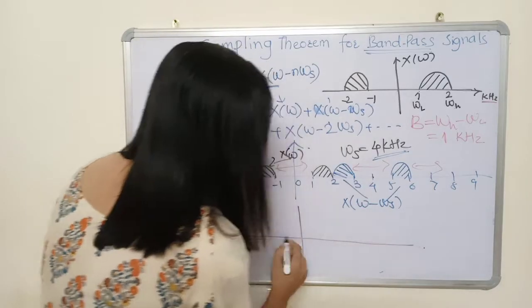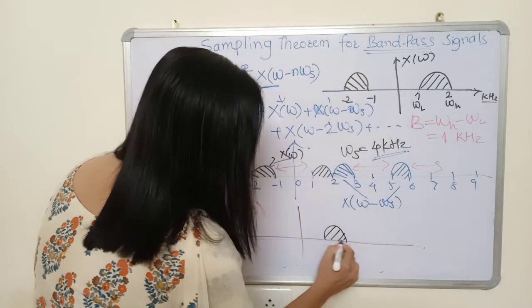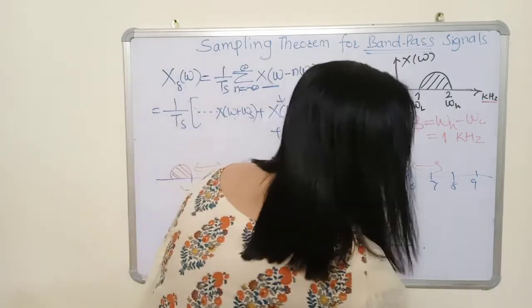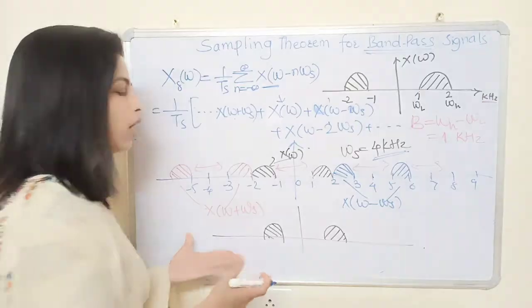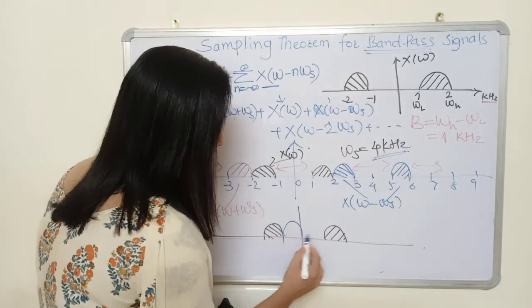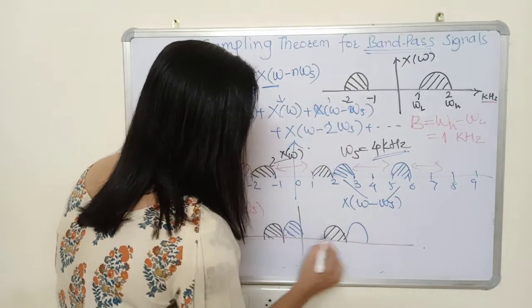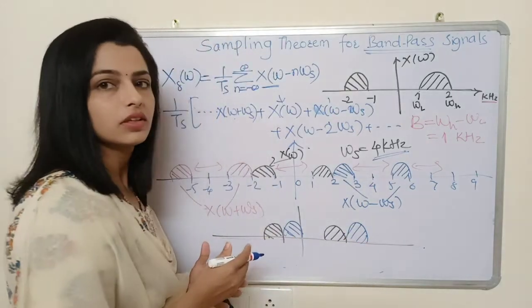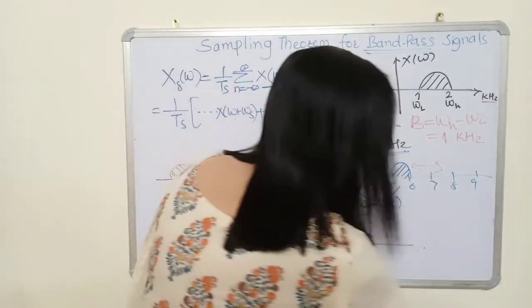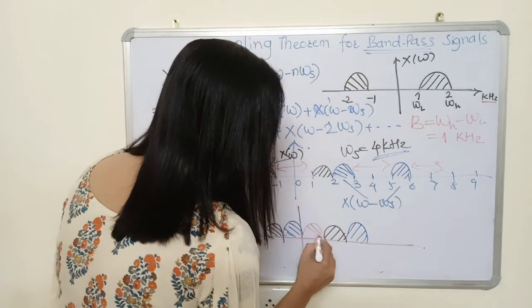Okay. So if it is the original spectrum, can we somehow shift the signal like this? Can we do this? Can we again shift the signal like this?